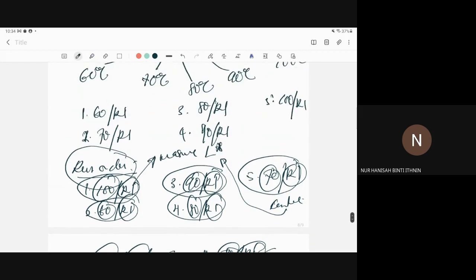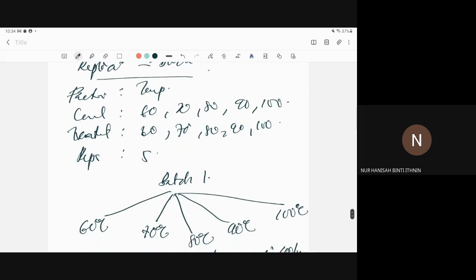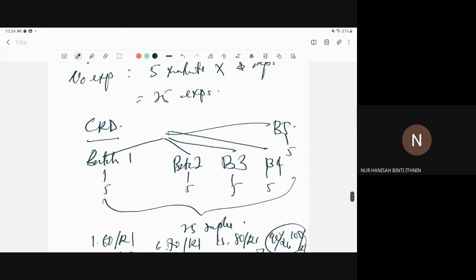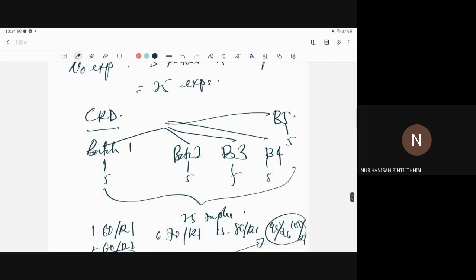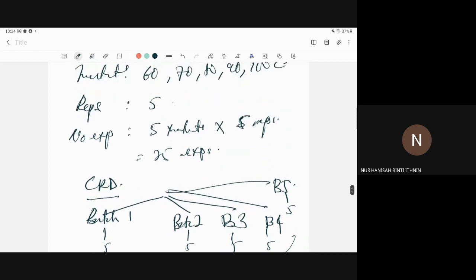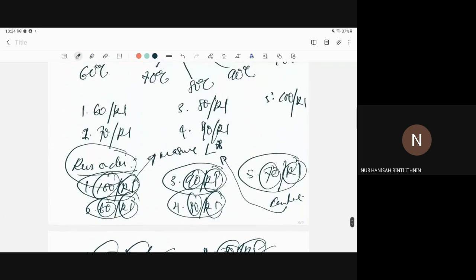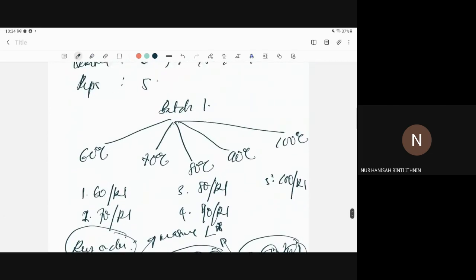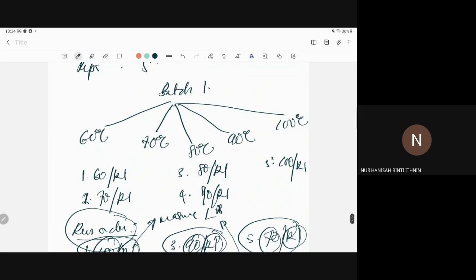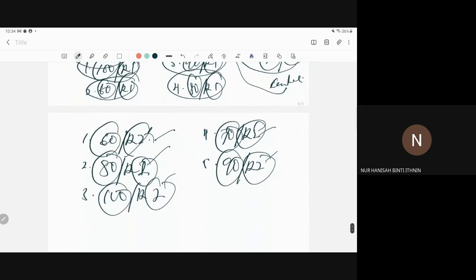And you can see that it is more convenient, because as opposed to the other design where you have to handle 25 samples all at once, over here you only handle 5 samples. Batch 1 only 5 samples, and then batch 2 only 5 samples. So it is more convenient. That is why it is called a completely randomized block design.